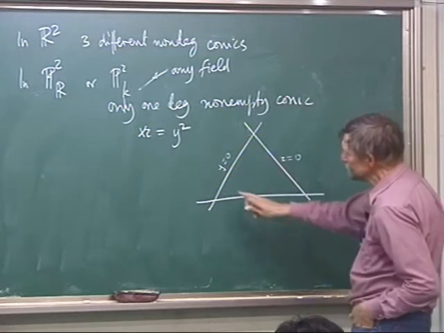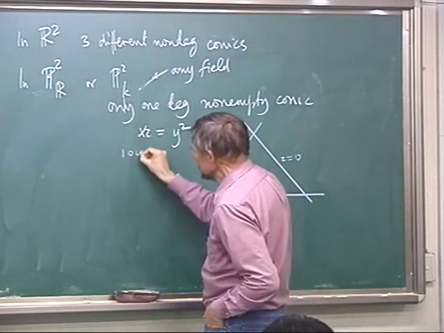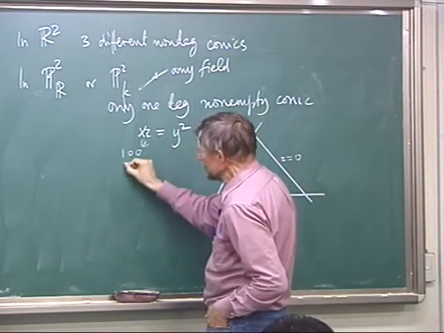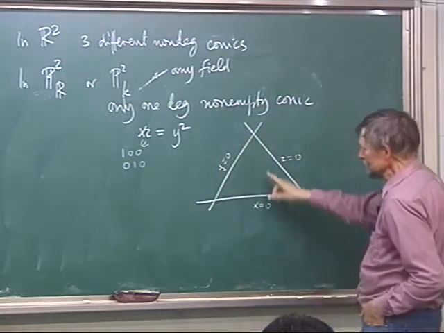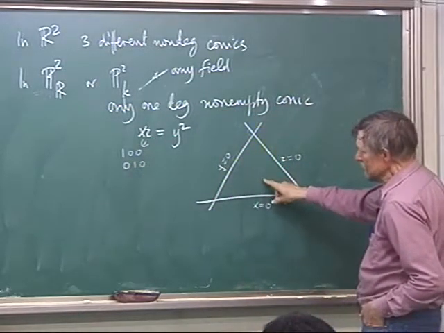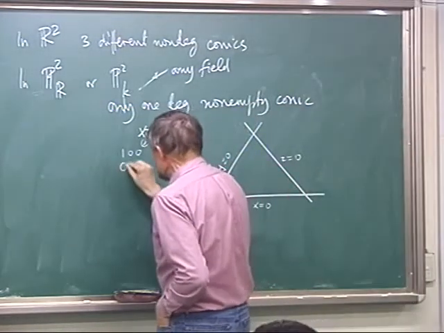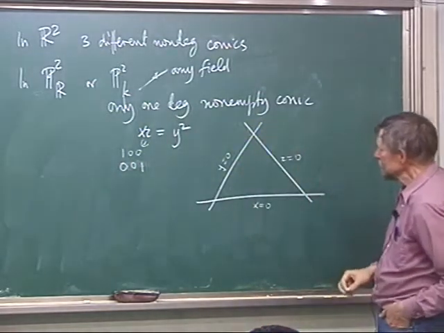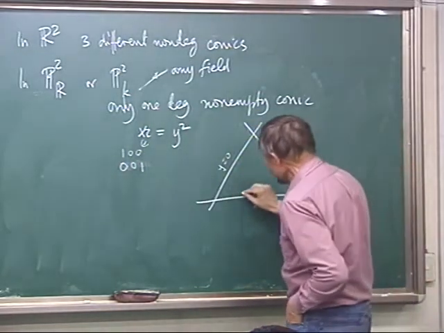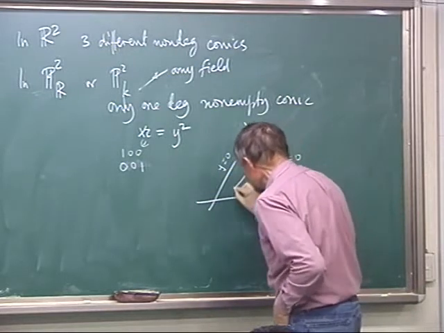The point 1, 0, 0 is in there, and also the point 0, 1, 0. Where are they on the picture? If I draw the picture of projective space like this, my conic is here.